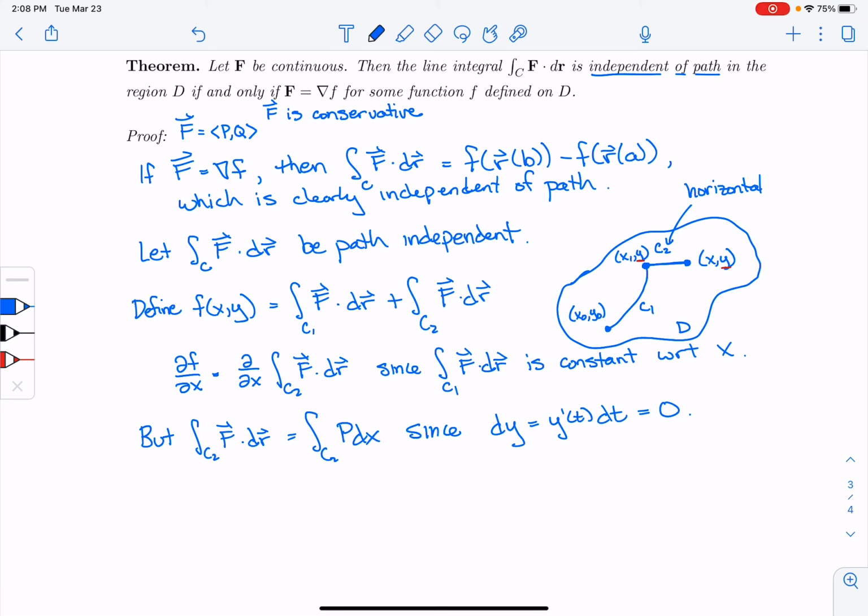There's no change in the y direction. Then the derivative with respect to x of the integral over C2 of F dot dr is just going to be my function P of xy.